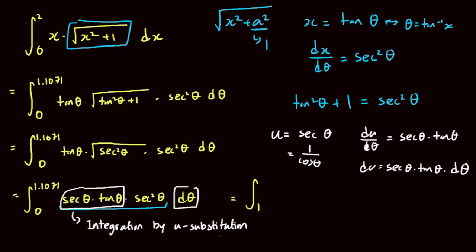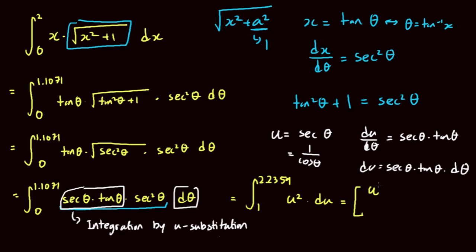And 1 over cosine 1.1071 would be something like this. So 2.2359. Okay. So sec squared theta is just gonna be u squared. Okay, and sec theta tan theta d theta is just du. Okay, straight away.